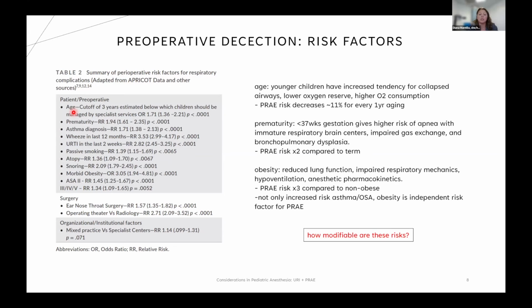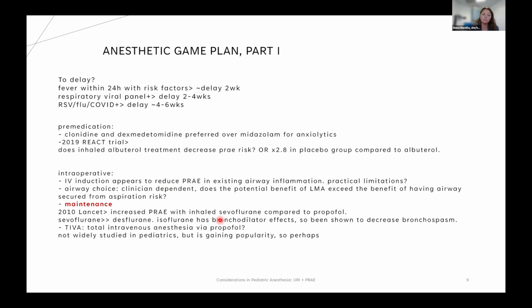We can't fast forward a time button to say, hey, I really want to decrease this risk. Can we advance in age a little bit? The other thing we can't adjust for is prematurity. So a lot of these risk factors are something that we can't necessarily change, but I wanted to highlight that because that'll come back in later.